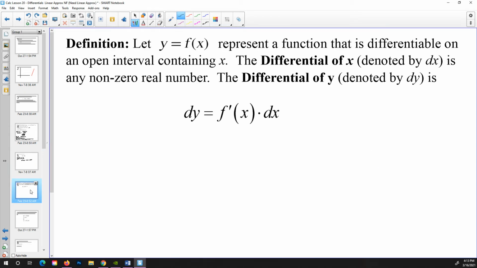So just to formally define that, let y equals f of x represent a function that is differentiable on an open interval containing x. The differential of x, denoted by dx, is any non-zero real number. The differential of y, denoted by dy, is dy equal to f prime of x times dx.